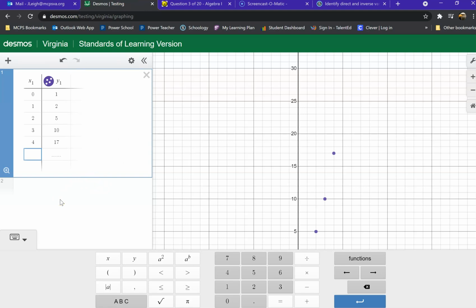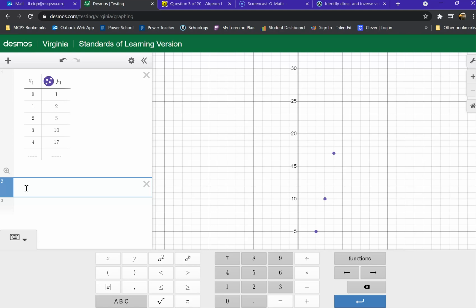Now we have a slightly different formula to use. Like before we did the line of best fit for a linear equation, now we're going to do something similar for a quadratic formula.